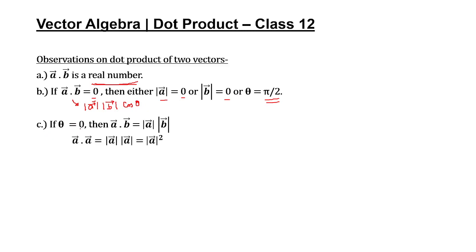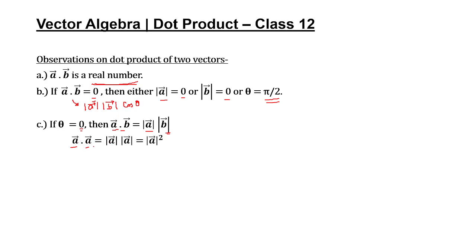If theta is equal to 0, then A dot B is equal to modulus of A into modulus of B, because cos 0 is equal to 1. Next is, what will be the value of A dot A? So the angle between vectors A and A is equal to 0 degree, and cos 0 is equal to 1.